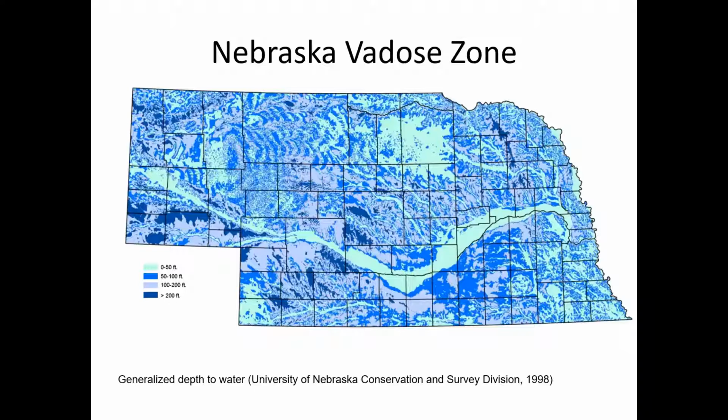And if we compare that to that Nebraska Vadose zone map, you can see that these areas have a very thin Vadose zone, also have very sandy soils, and are very vulnerable to leaching nitrate from the surface.